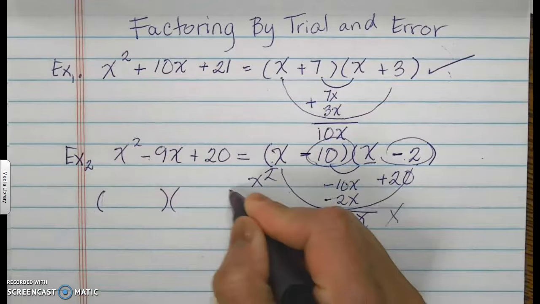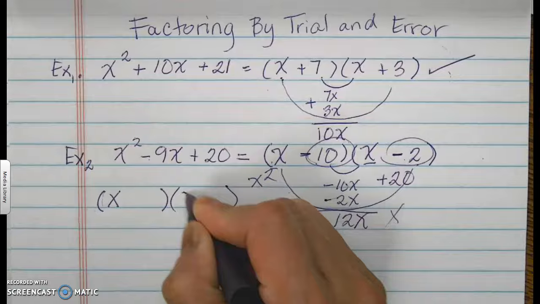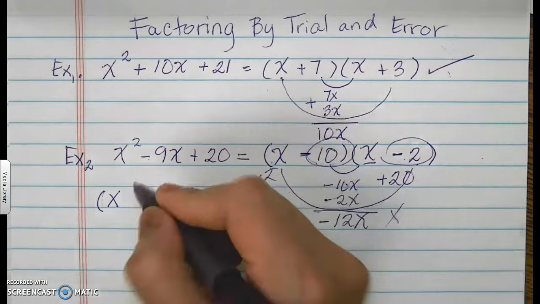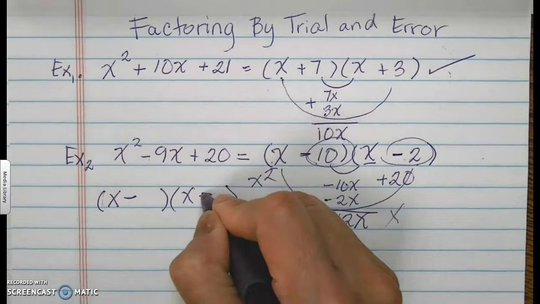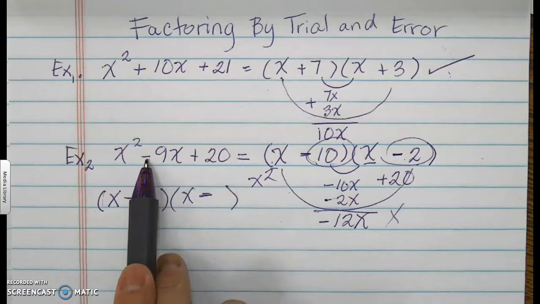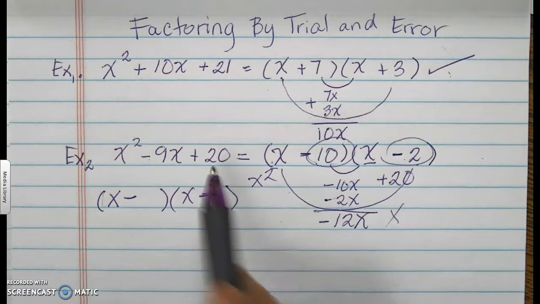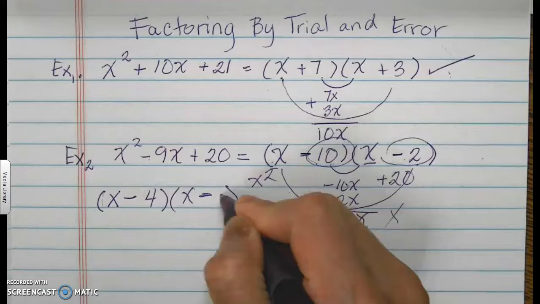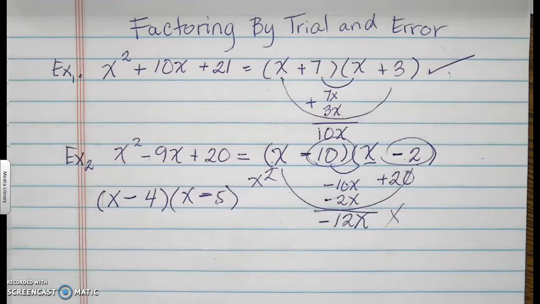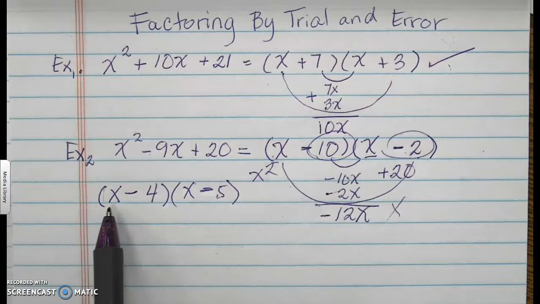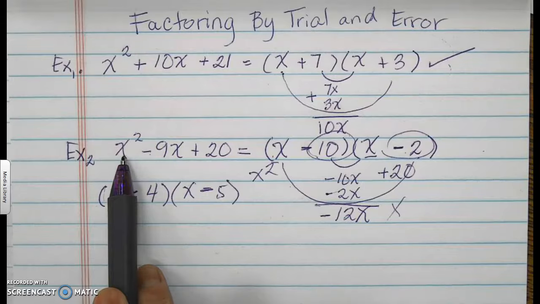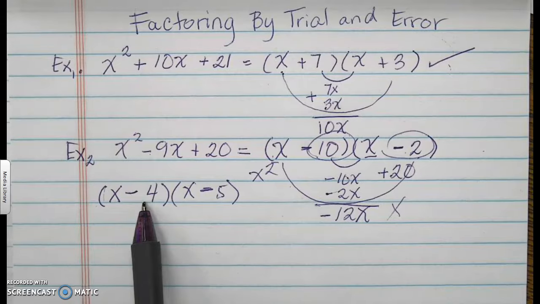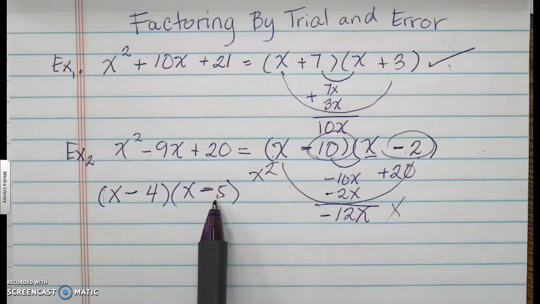Our next trial is x and x. Again, negative, negative, because that is a positive and that's a negative right there. So I am thinking 4 and 5. All right, let's do this. x times x is x squared, so that is a check. Negative 4 times negative 5 is positive 20.